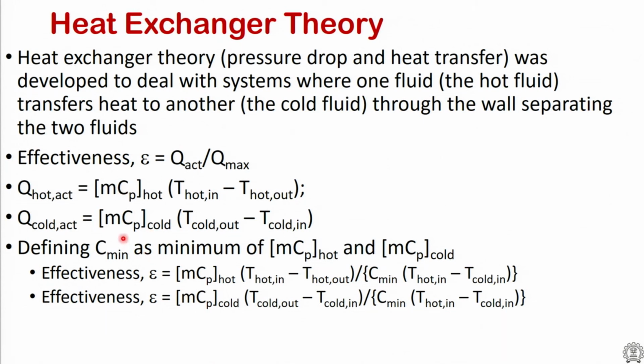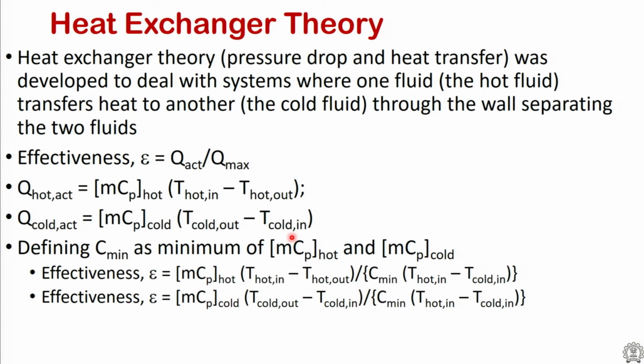So, if we describe C min, that is the minimum of the two, MCp hot and MCp cold, times T hot in minus T cold in, it gives the maximum, versus the numerator can be written in terms of the actual, either hot stream based or cold stream based. This is the typical definition of heat exchanger theory, and we can adopt this to a heat sink.